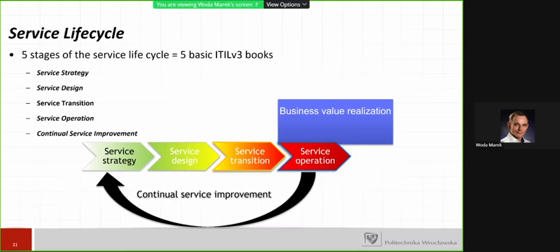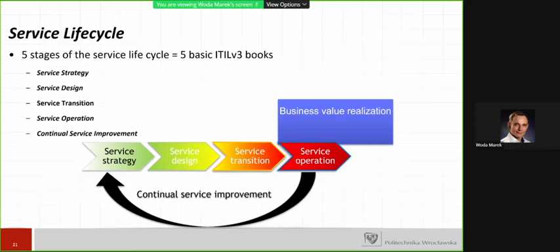So from the moment the service is in operation, we should have a look and watch our back against our competitors, because even though we are the first on the market, there is a lot of competition trying to, I would say, undermine our position by coming with offers which are better in terms of price and so on. So this is continual service improvement.